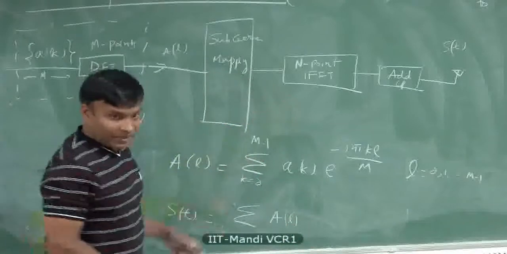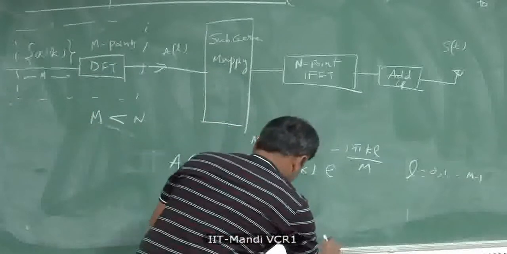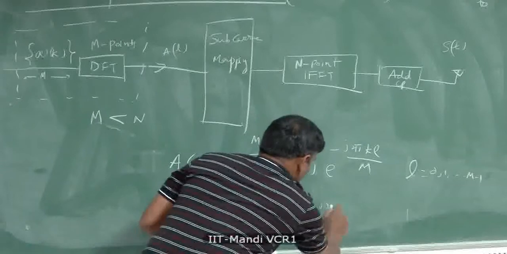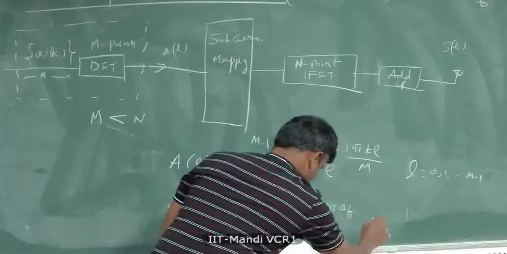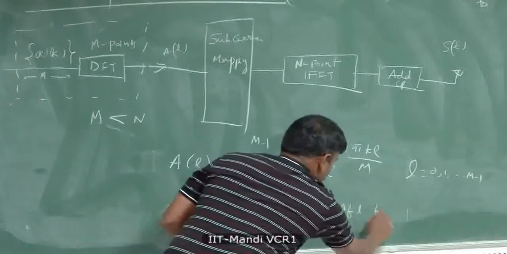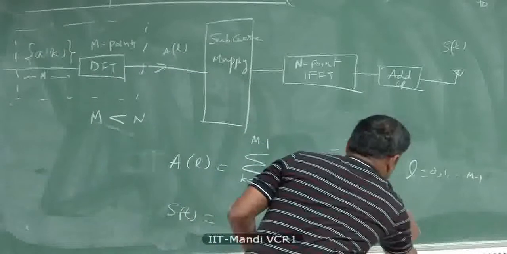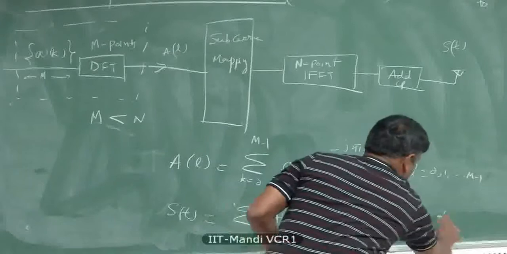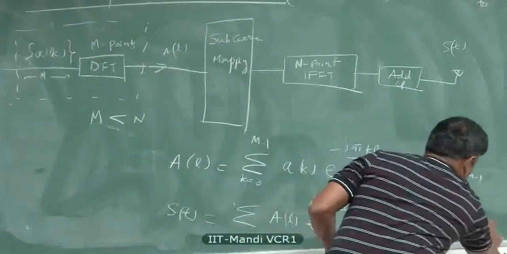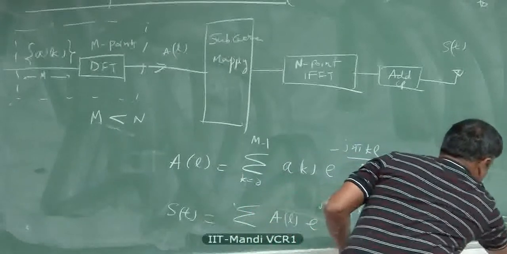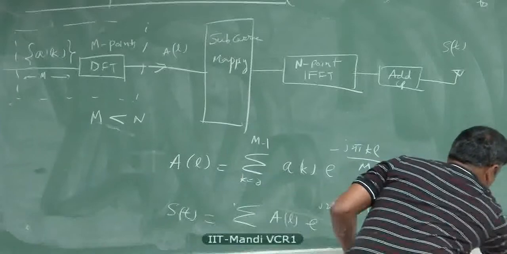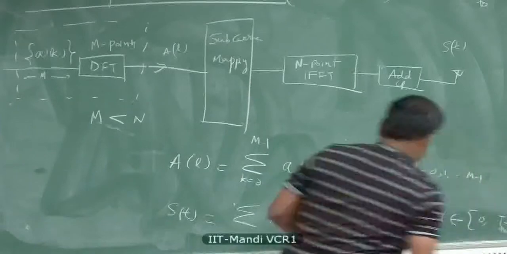We take this and we apply OFDM. A of L e raised to j 2 pi delta f L (t minus T_CP), and you can add the cyclic prefix, where t ranges from 0 to T_OFDM plus T_CP.